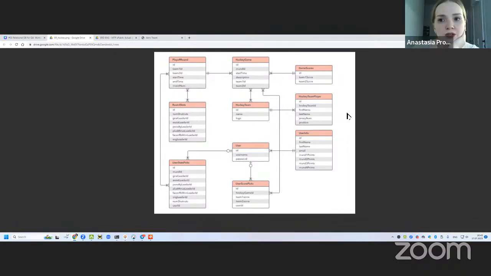Information about the games. Games, okay, hockey games. Games, user, team, about every user. I mean, who plays, I think.